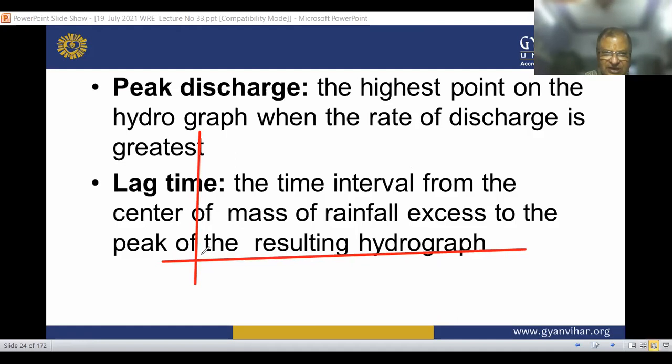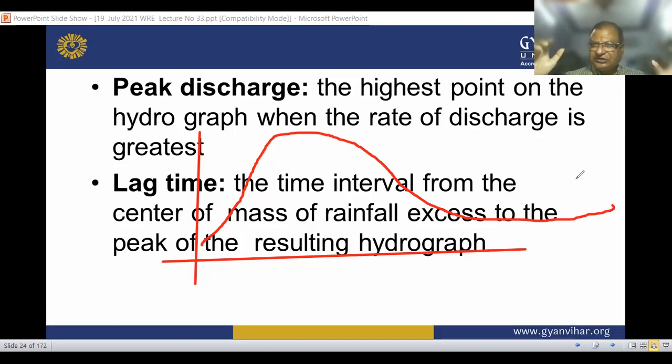This is the peak discharge. On the condition when the rainfall is starting, the discharge increases, and after the rainfall stops, it goes down. So this is the peak. Clear?